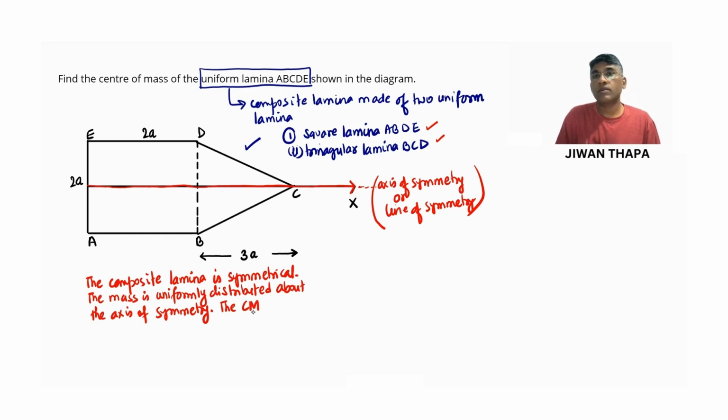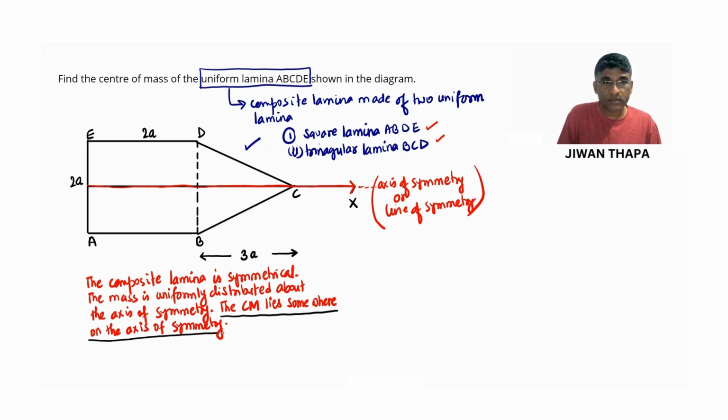So I'm writing in this way. CM is the center of mass. The center of mass lies somewhere on the axis of symmetry. So this is a very important point. And the axis of symmetry is horizontal, so the center of mass lies somewhere on this line.